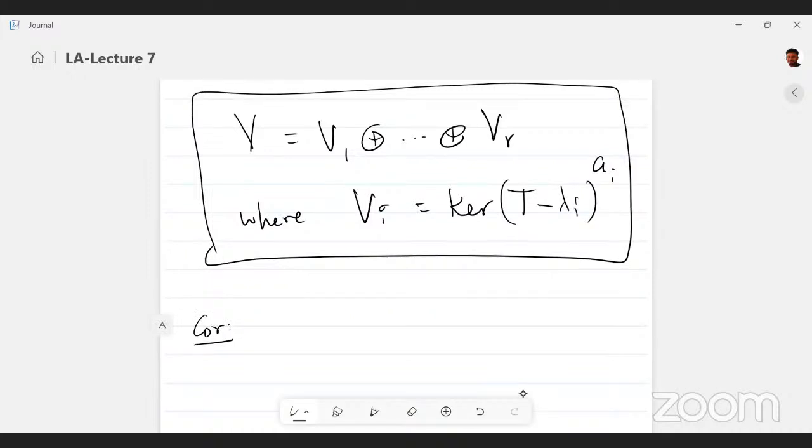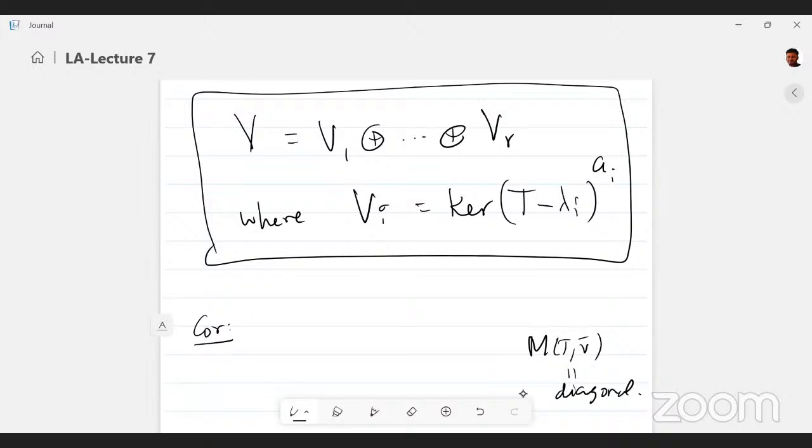Similar to diagonal matrices. Yeah, they are similar to diagonal matrices. So if an operator is diagonalizable, by definition, there exists some basis such that the matrix of that operator with respect to that basis looks diagonal.